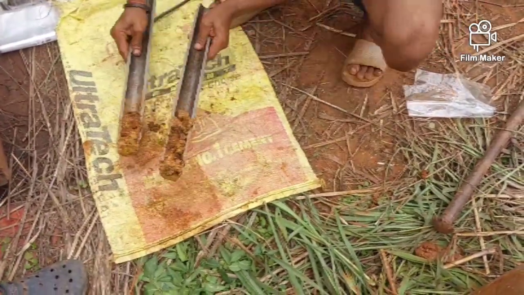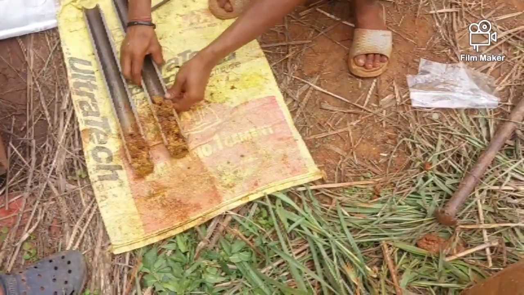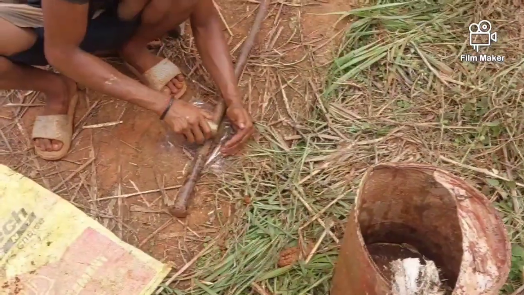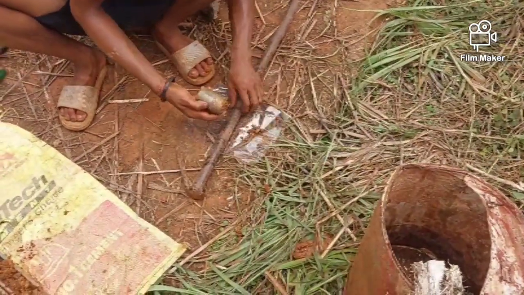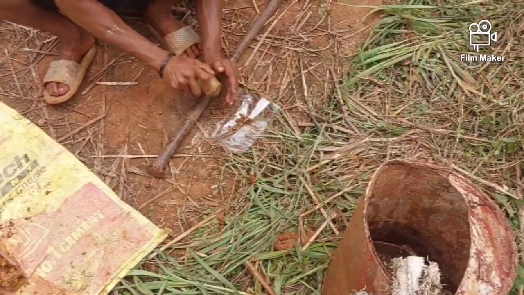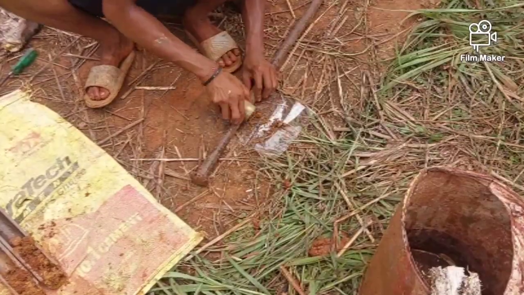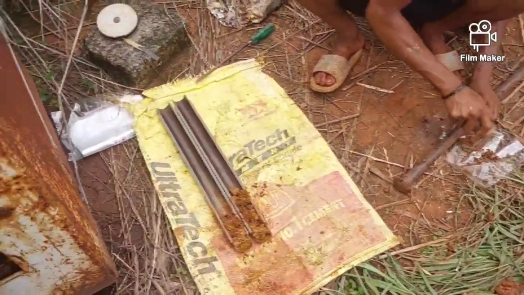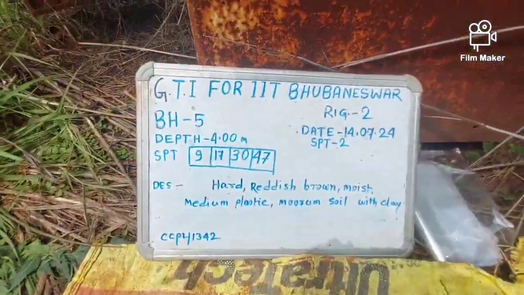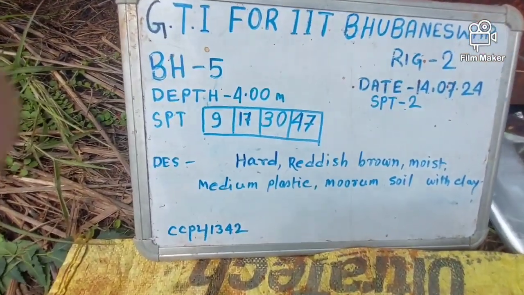So this sample will not give the proper strength parameters. This sample will be collected, thoroughly mixed, and put into the polythene bag. But we have to be careful about the moisture.